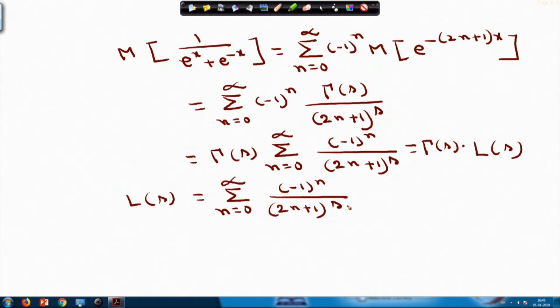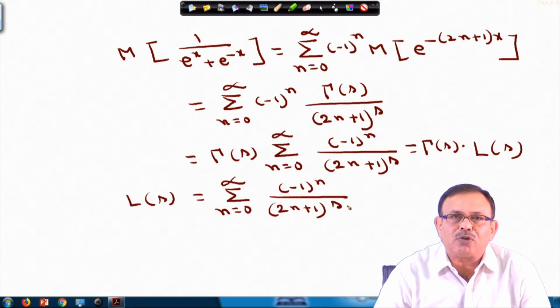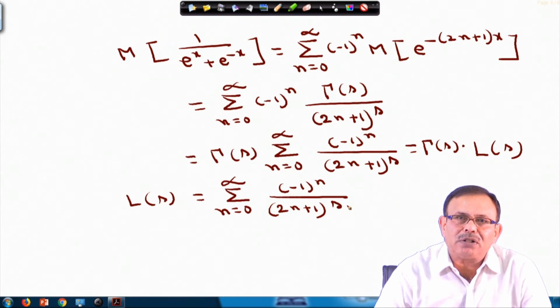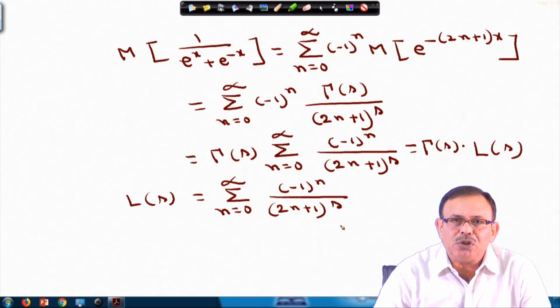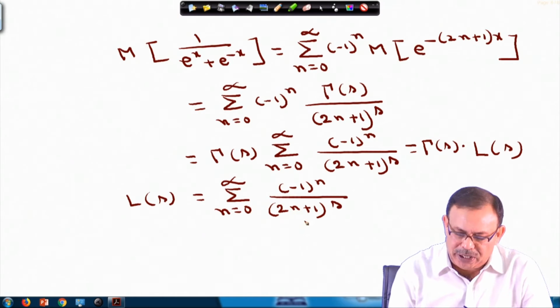So, the Mellin transform of 1 by e power x plus e power minus x is of the form gamma s into L s, where L s equals summation n equals 0 to infinity, minus 1 to the power n divided by twice n plus 1 whole to the power s.